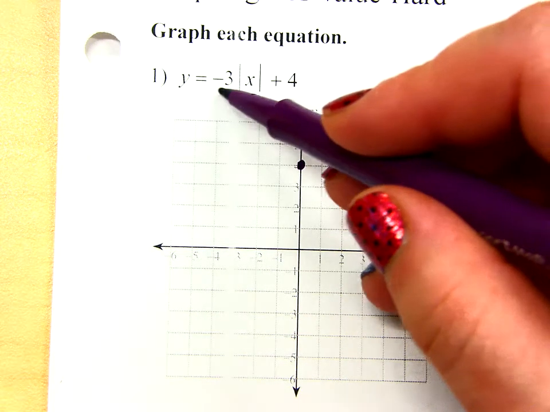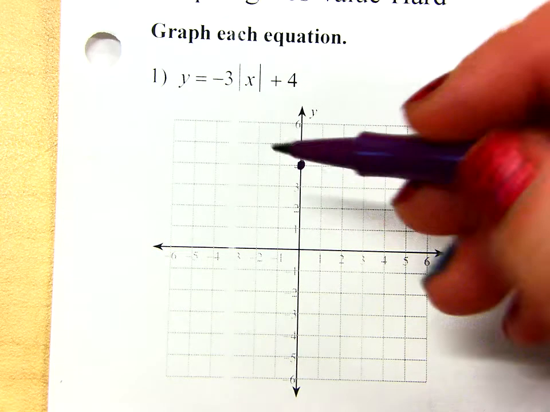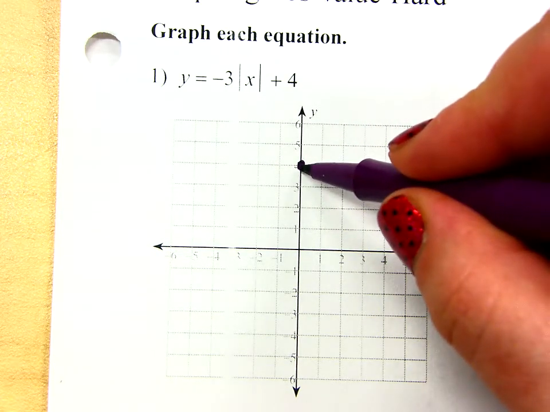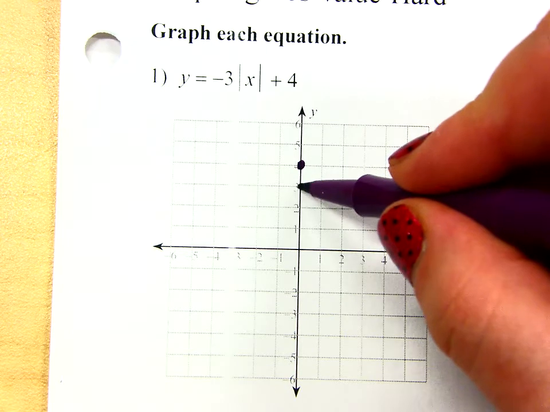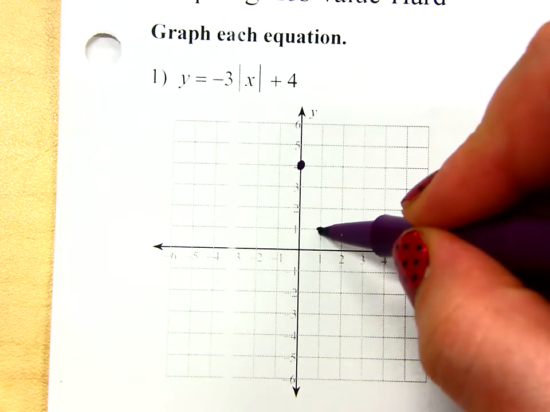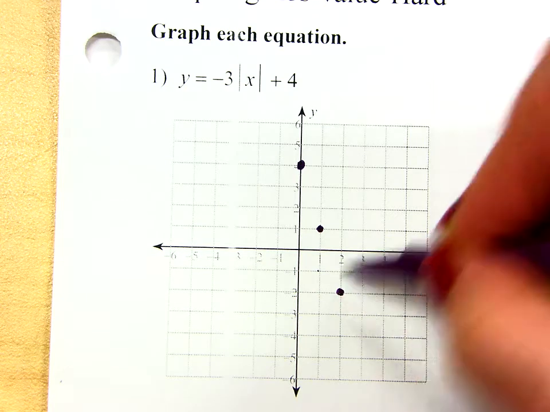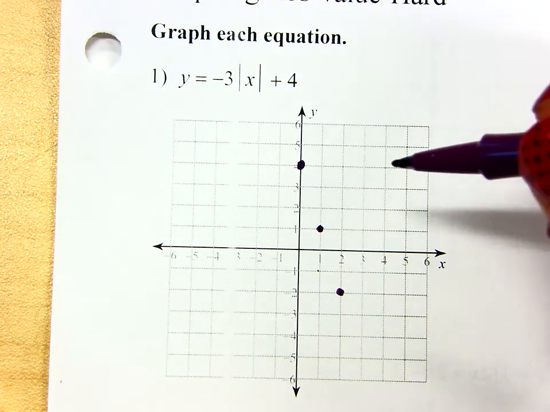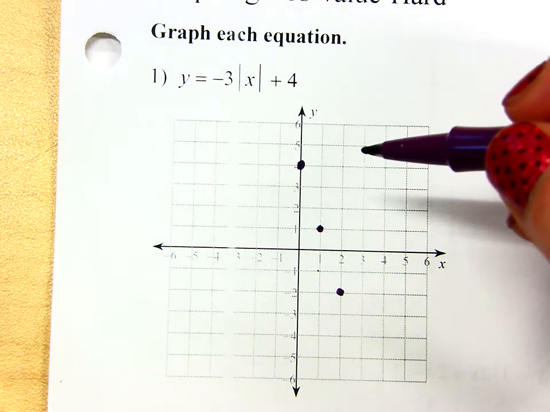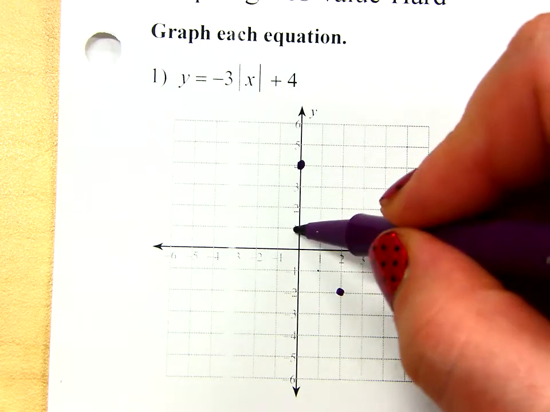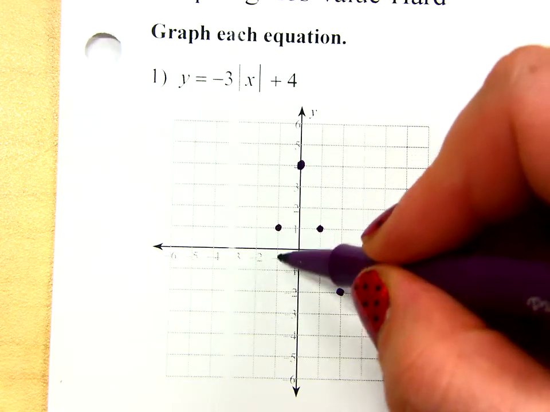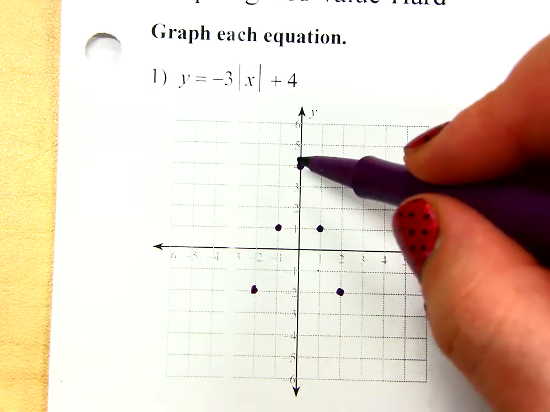So remember, A tells you the slope of the right-hand branch. So on the right-hand branch, I'm going to follow a slope of -3. Down 3 over 1, down 3 over 1. And then I just do the opposite on the left branch to make it symmetrical, so I'll go down 3, back 1, down 3, back 1.